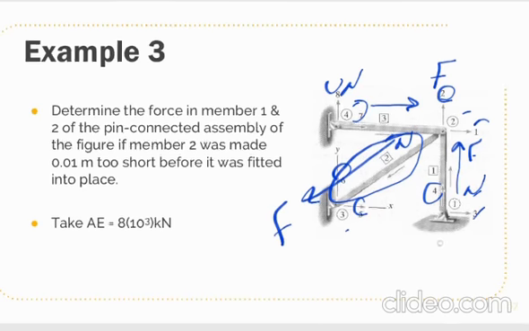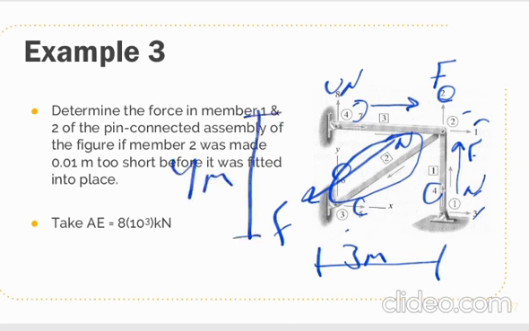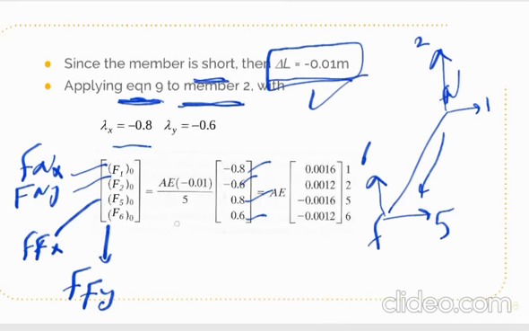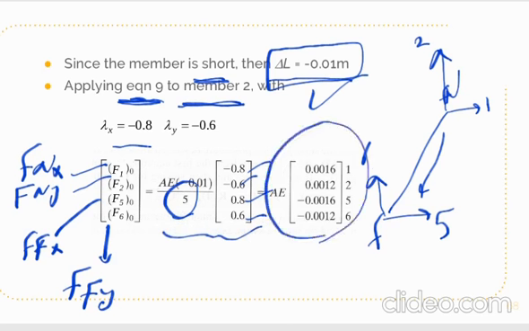Sorry, I didn't give the dimensions. This is 3 meters, and this length is 4 meters. So the length of member number 2 is 5. After just solving this matrix, you will find the values of force.